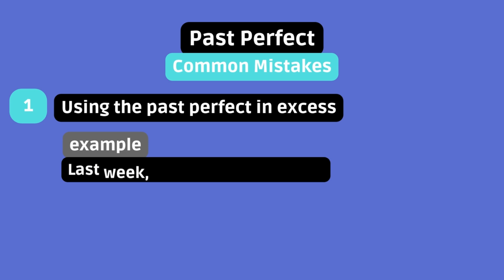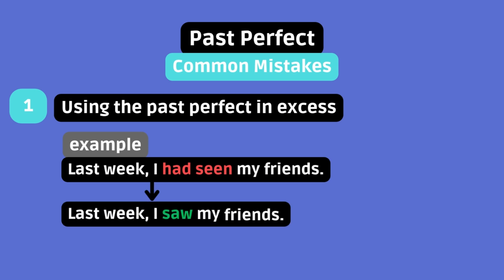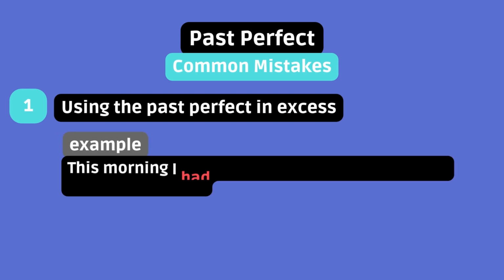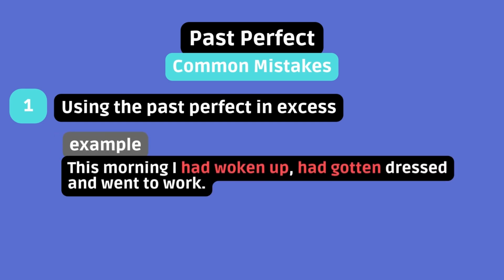Example: last week, I had seen my friends. Should be, last week, I saw my friends. A single action here. No need for the past perfect. This morning, I had woken up, had gotten dressed, and went to work.